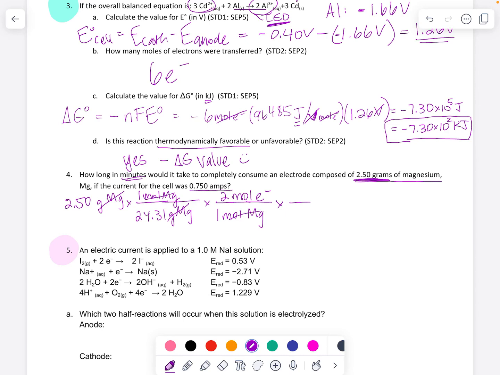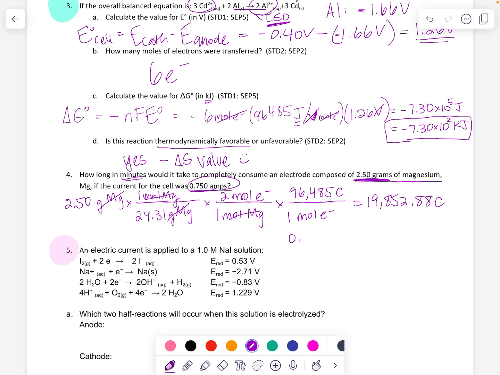So now I'm in moles of electrons. Now I'm using Faraday's constant. I know that for every 1 mole of electrons, I will produce 96,485 coulombs, which is a value of 19,852.88 coulombs.